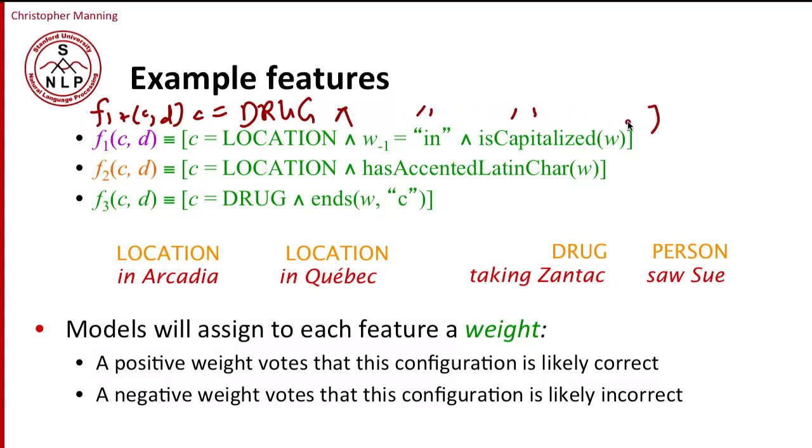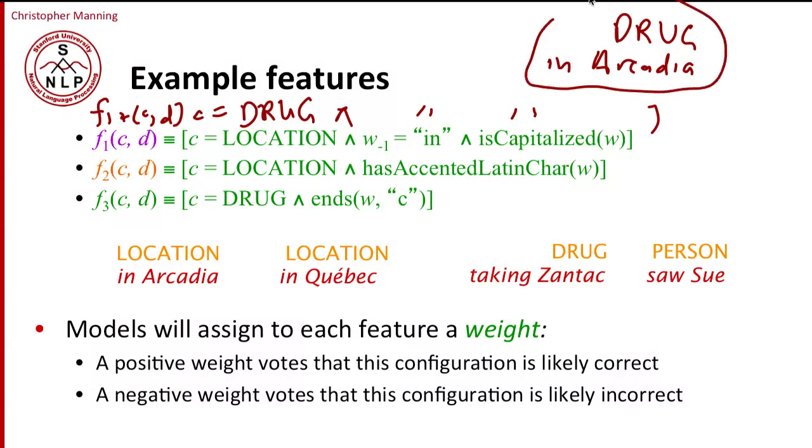That feature would match a different classification where we had "in Arcadia", and we were saying Arcadia was a drug. Feature 14 would match that configuration, but what we'd like to say is that that's unlikely to be correct, and we could express that by giving a negative weight like -0.6 to it.